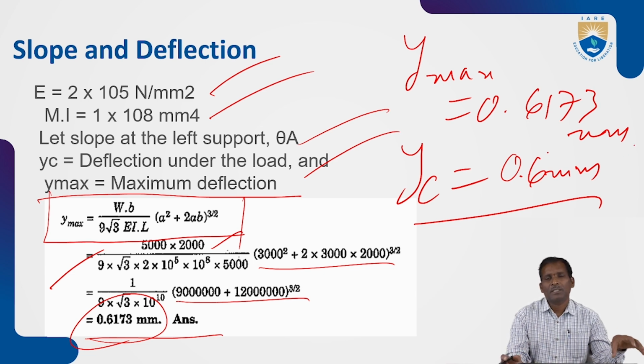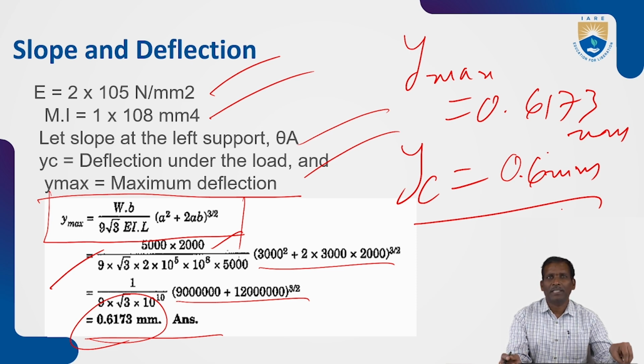So for this 5 kilonewton load, the simply supported beam will deflect up to 0.6173 mm only. That is the maximum limit. So beyond this deflection there is failure. The allowable deflection is 0.6 mm only. The 0.6 mm deflection means it will stand 5 kilonewtons.